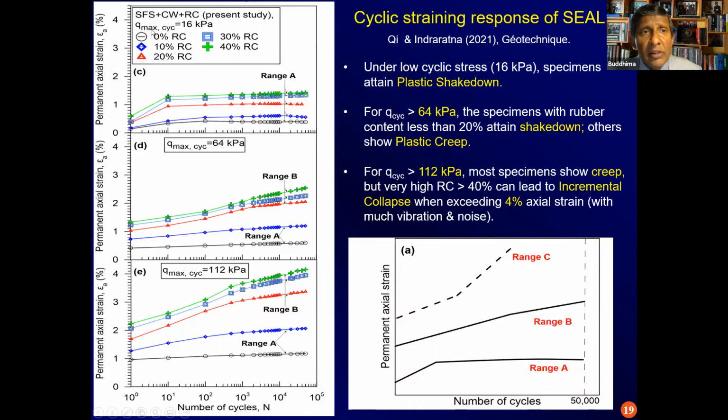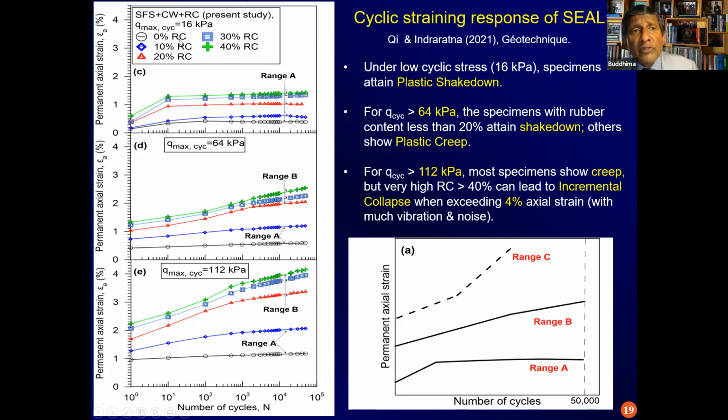This is a material where steel furnace slag, coal wash, and rubber crumbs are tested together in this large-scale cubical triaxial equipment, and the results have been published in the journal Geotechnique with Dr. Yujie Qi, who's one of the co-authors, and this is following up her PhD work and postdoctoral work.